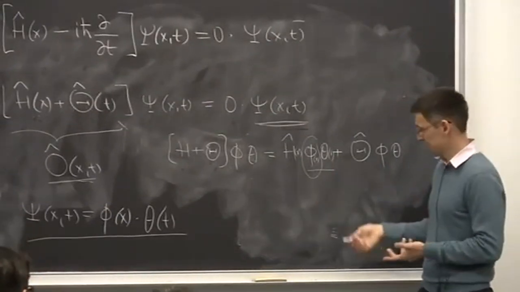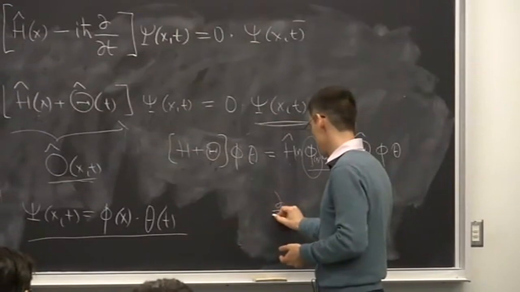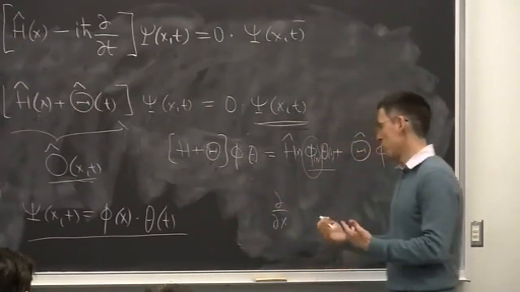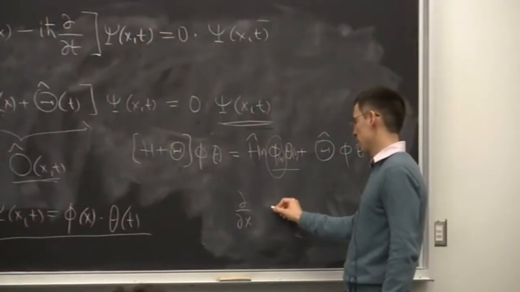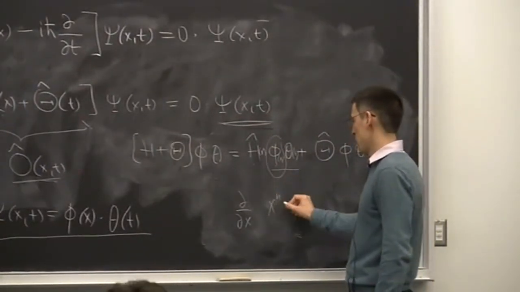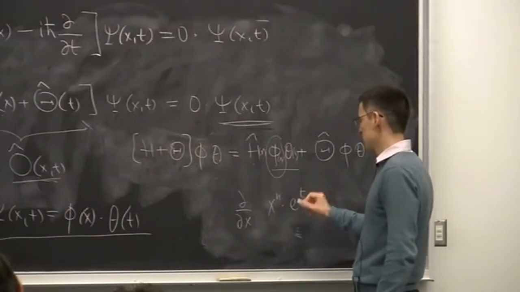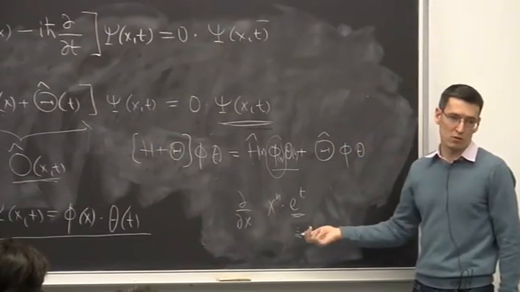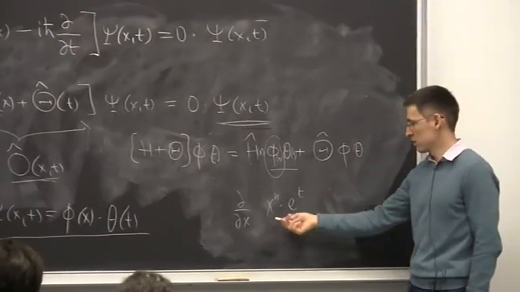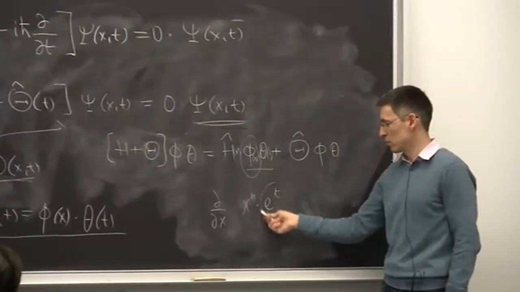A simple example would be the simplest operator in x, differentiation, and if you have a function like x to the power of n times exponent of t, right? This part is like a constant to the derivative, so the derivative doesn't do anything to this part.